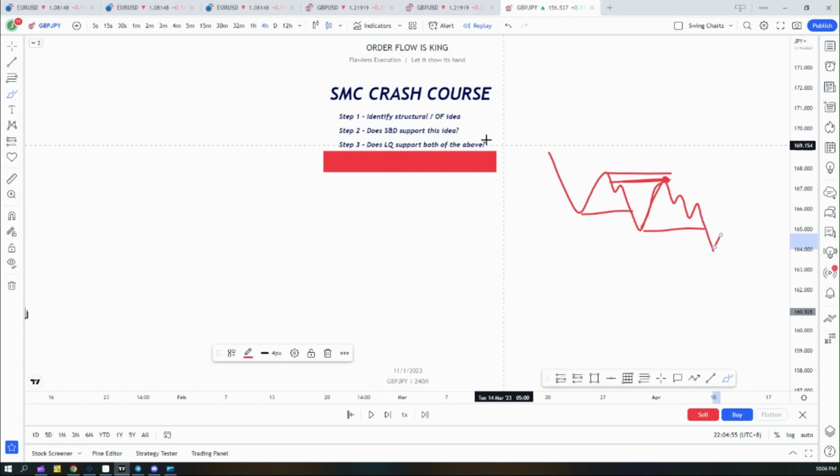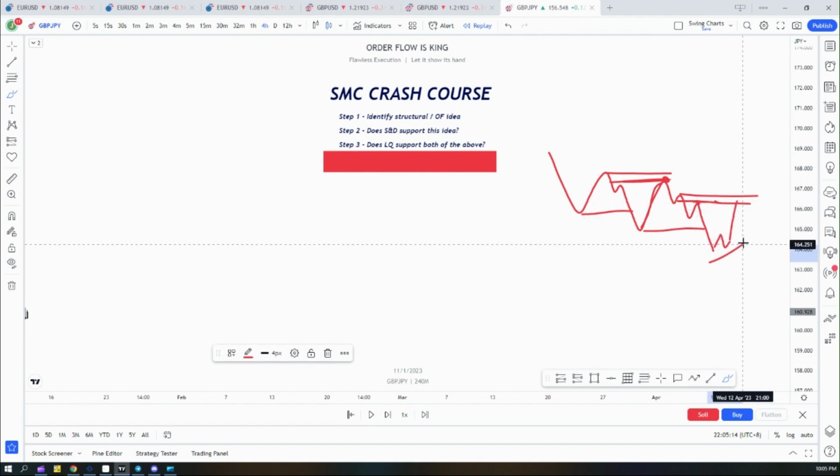Does liquidity support both of the above? So number 1, do we have liquidity to target, right? And do we have liquidity for our entry? So yes, here we have a nice supply level with inducement here, right? This is our inducement, and we've dropped equal lows here, so we have liquidity to target, right?